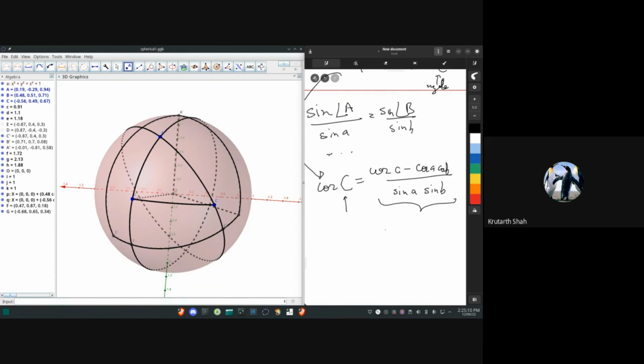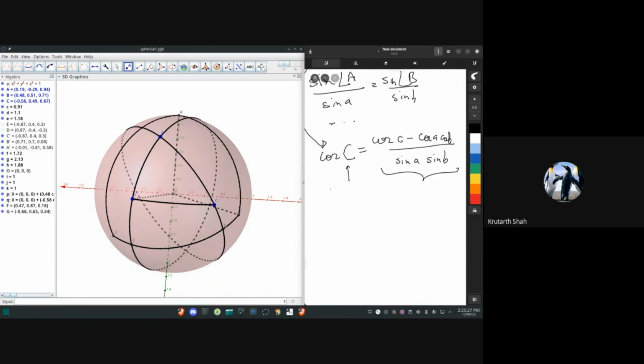So we can find the angles using sides, and so all the corresponding angles will be equal, and you would have congruence. And congruence is nothing but angles and sides both being equal.